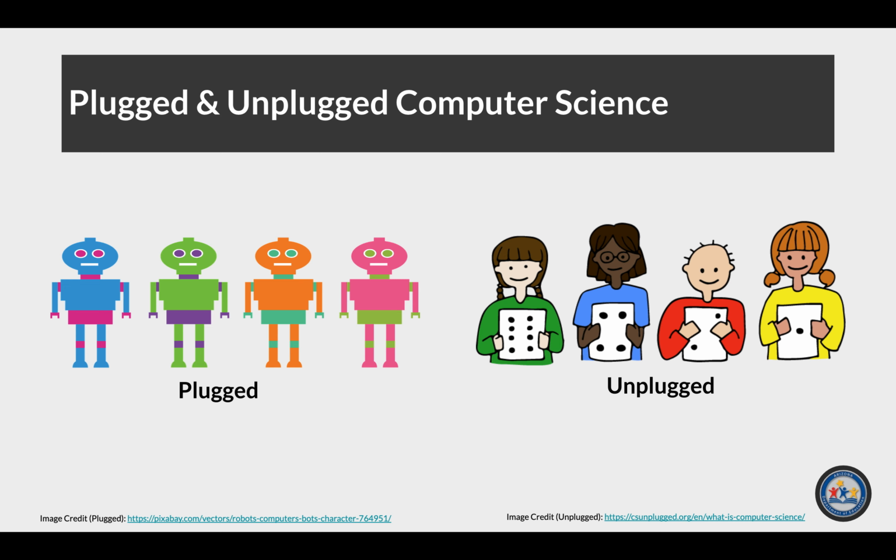Unplugged lessons do not require students to have access to devices. Students can learn and apply computer science concepts through physical and kinesthetic experiences. Unplugged lessons can be taught independent of computers through games and puzzles using string, paper, cards, or even running around.